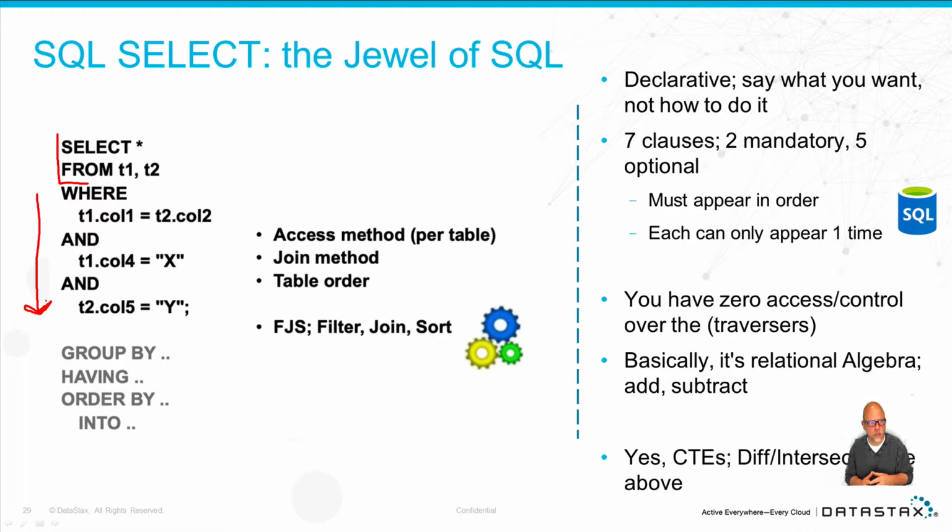The clauses are where, group by, having, order by. But the point is, of these 5 optional clauses within a SQL Select, if present, they can appear one time only and must appear in order. You cannot have 2 group by clauses.